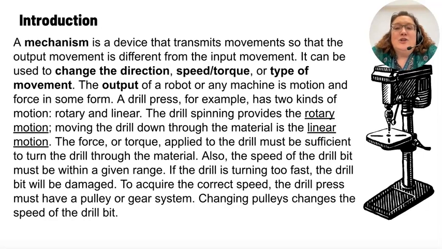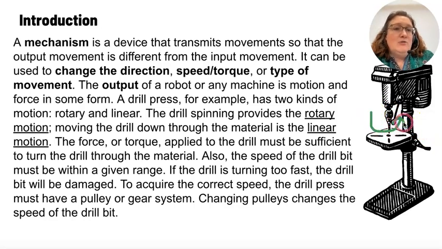They change direction of the motion or the force, they change the speed and torque, or they change the type of movement. The output of any machine or robot has got to be motion or force in some way. So if you look over here at the drill press, it's actually doing two motions.